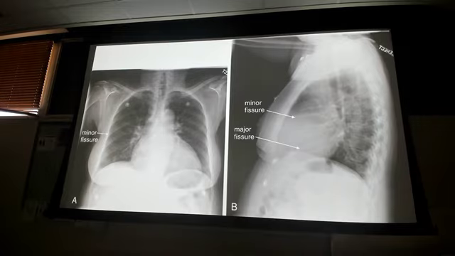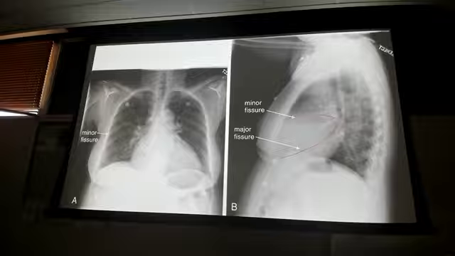And then I found some x-rays for you that actually show the fissures quite well. So, here and here. All right, so yeah, thickened line on both, on the lateral there. And then the minor fissure is actually this like little kind of thickened line right here.